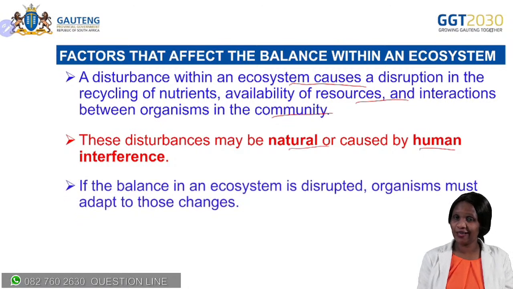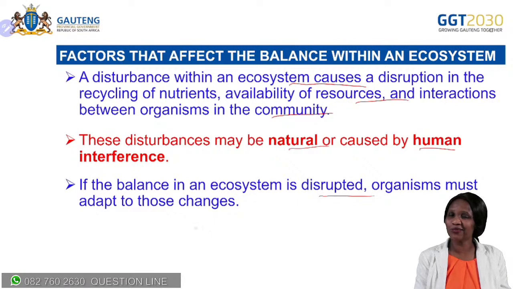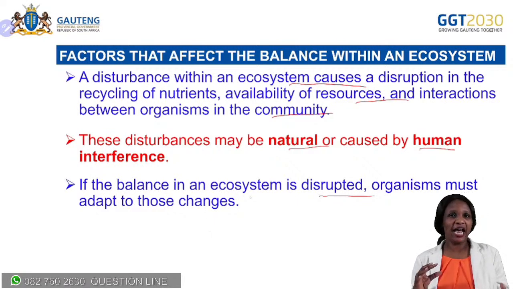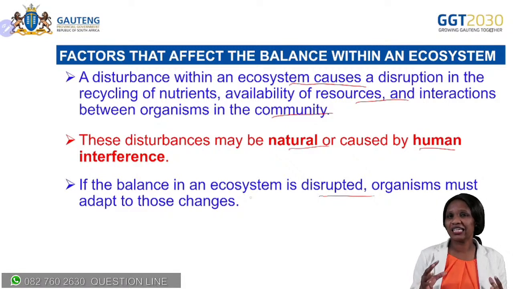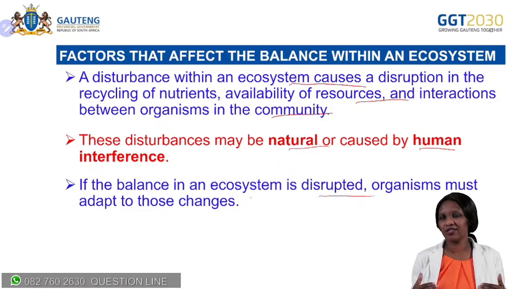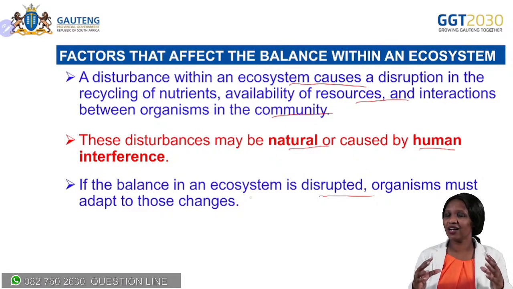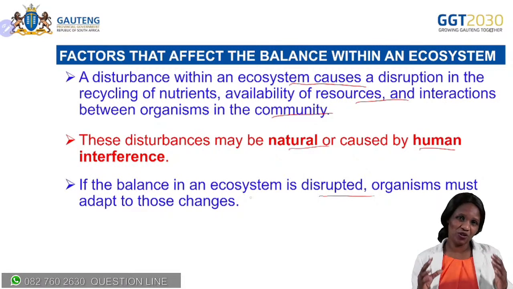Let's check. If the balance of an ecosystem is disrupted, organisms must adapt to those changes. At times, we've got different climatic changes. As it is now, we've got a lot of what? Of changes. Why? Because we are not treating our world with respect.